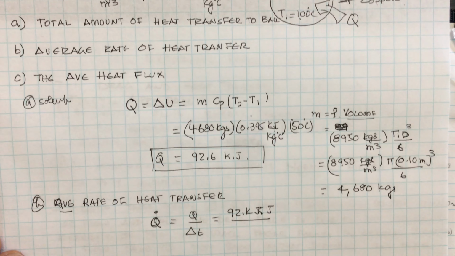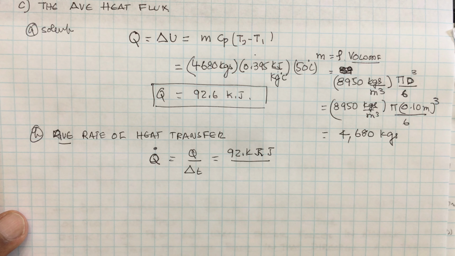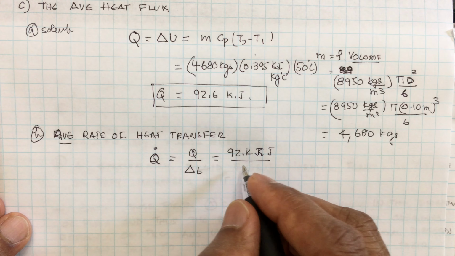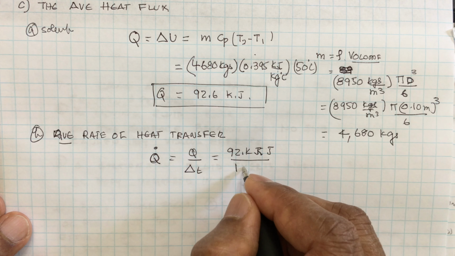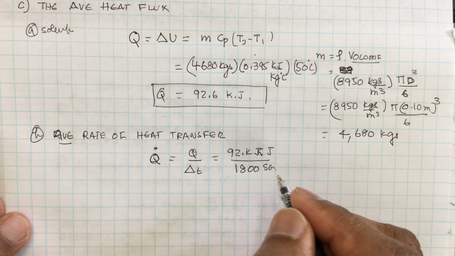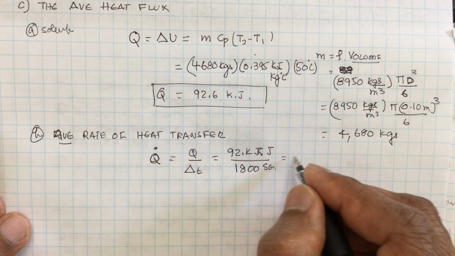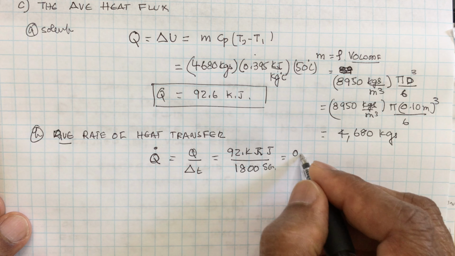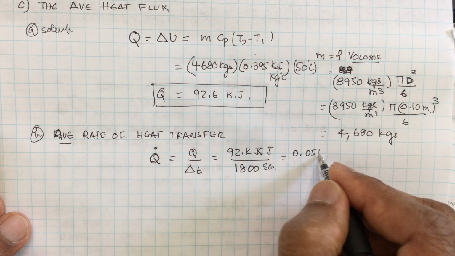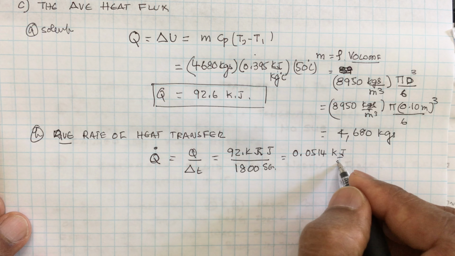So you go back and plug in the value, 1800 seconds. If you solve that, you will come up with 0.0514 kilojoules per second.